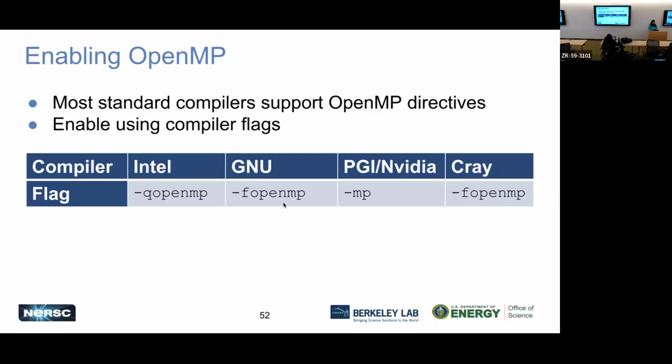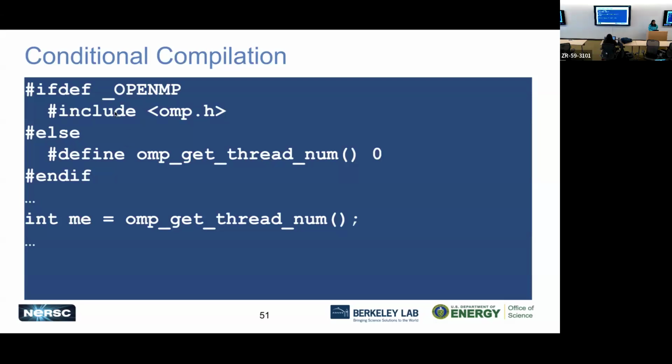So one quick way to handle this is the macro. You say, if I have OpenMP defined, I want you to include omp.h. Otherwise, even if I call this function, if I have OpenMP defined, it'll recognize it this way.